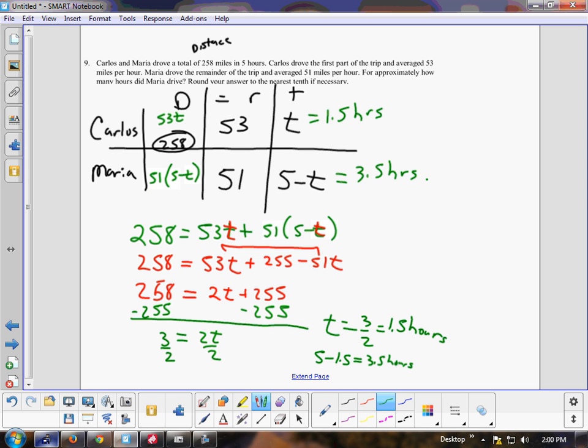So the question says, find the approximate number of hours that Maria drove, and we have to write that in a sentence. And she drove longer because she went at a slower rate. Okay. That's a bit of a tough one, but look that one over again and make sure you can set it up.